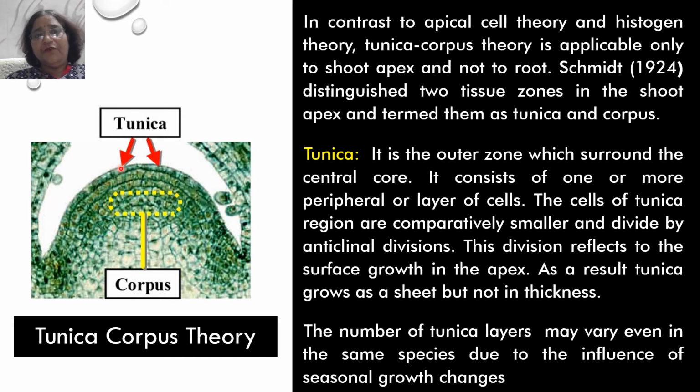The number of tunica layers, 1, 2, 3, may vary from species to species, and it also varies in one single species from seasonal growth changes. So there are variations in the tunica layers, but this portion grows as a sheet.